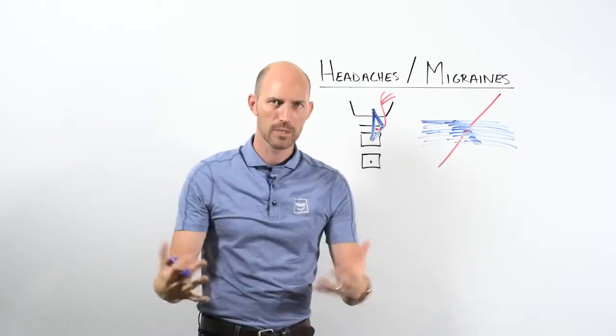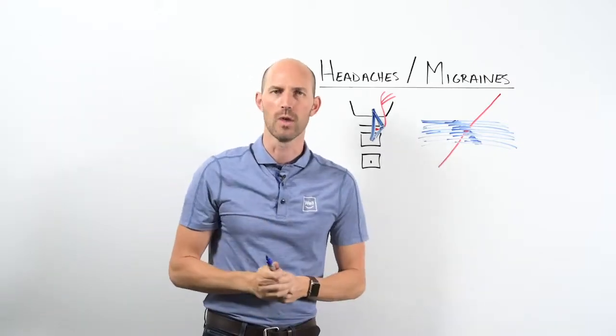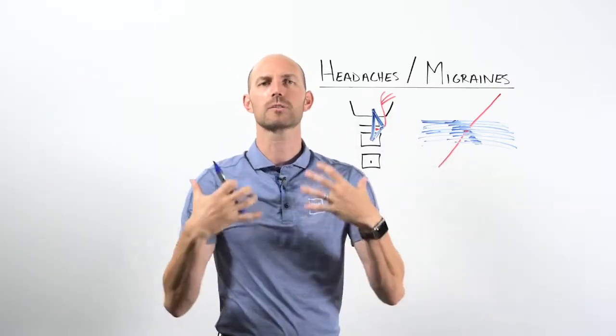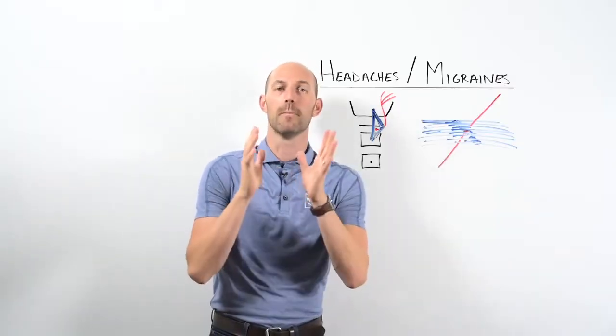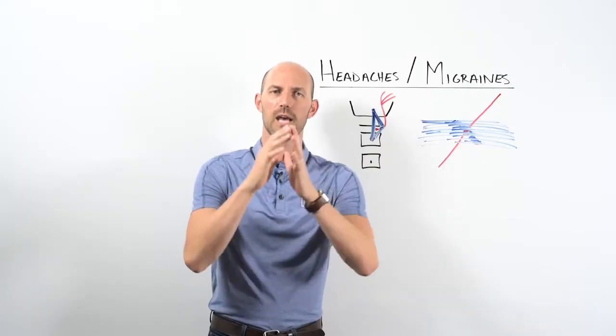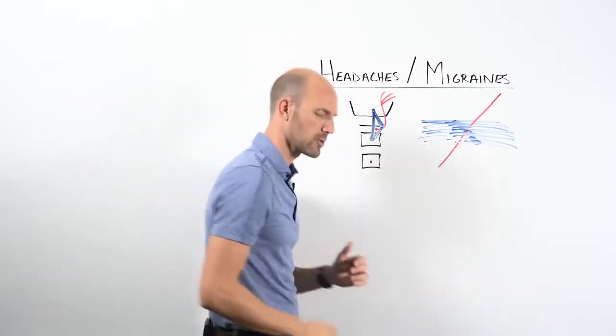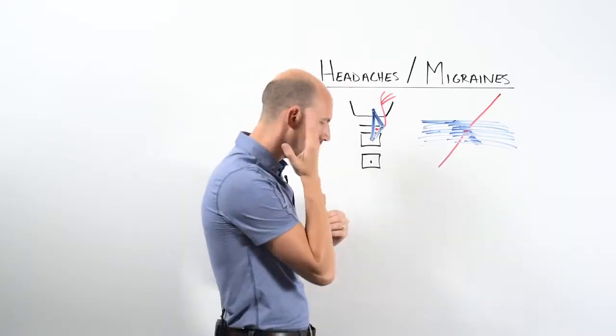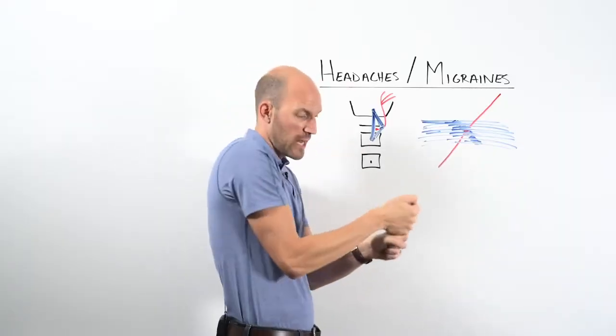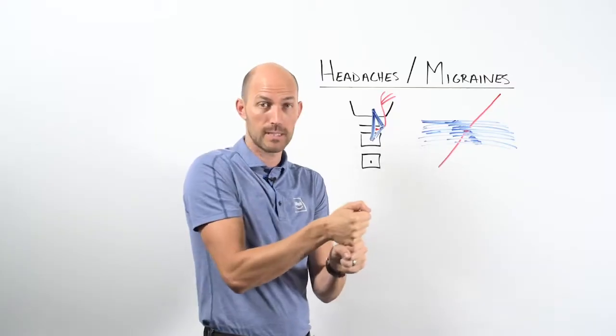Now, it's a bigger picture than that, and that's where chiropractic comes in. I actually practice a very specific corrective technique where we work on moving the bones in the neck to take the tension off the muscles. So let me show you what this looks like. When you get into a car accident, you wind up moving these vertebrae in your neck and stretching those muscles, ligaments, and tendons, right?